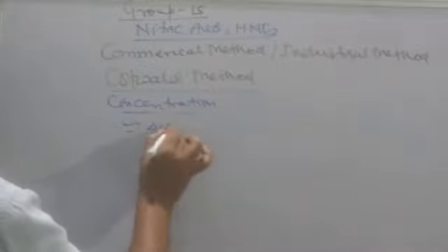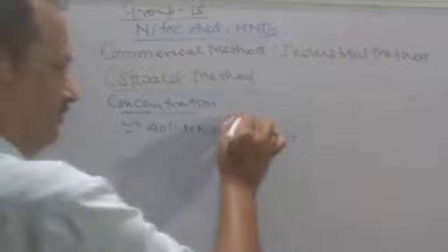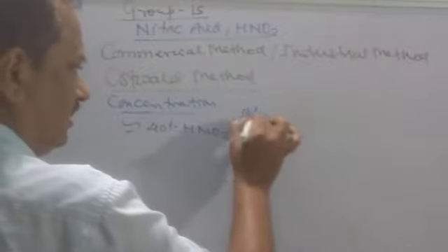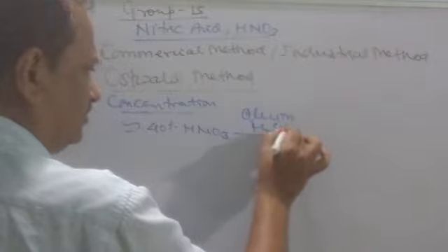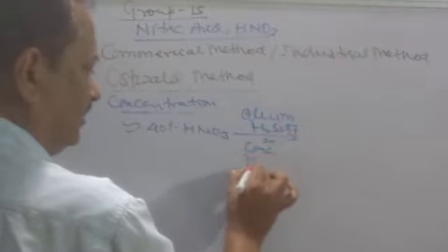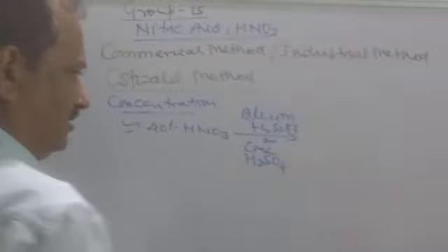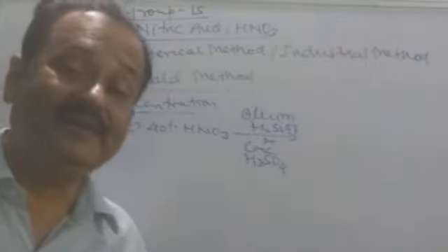Around 40% HNO3 is dehydrated by concentrated sulfuric acid, which has a very strong tendency to dehydrate anything.